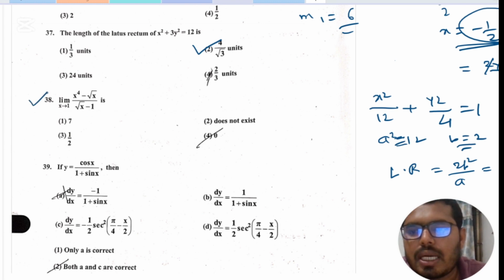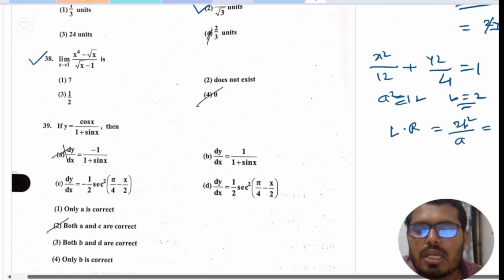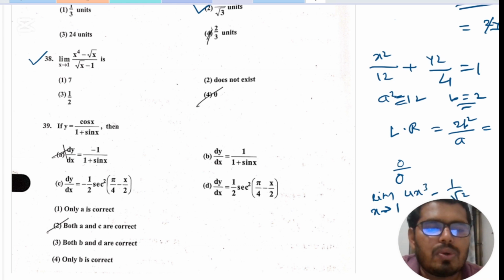Next, question number 38. The limit as x tends to 1 of (4 minus root x) divided by (root x minus 1). If you apply x equal to 1, then it is 0 by 0 form. That's why we use the L'Hospital rule. Therefore, the limit as x tends to 1 of the derivative of 4 minus root x, which is minus 1 by 2 root x, divided by 1 by 2 root x, minus 1, the derivative of minus 1 is 0.